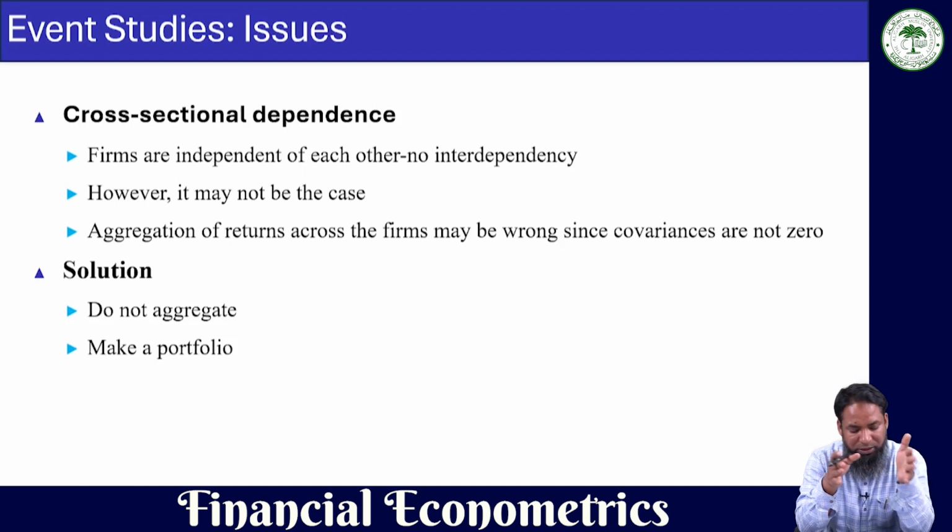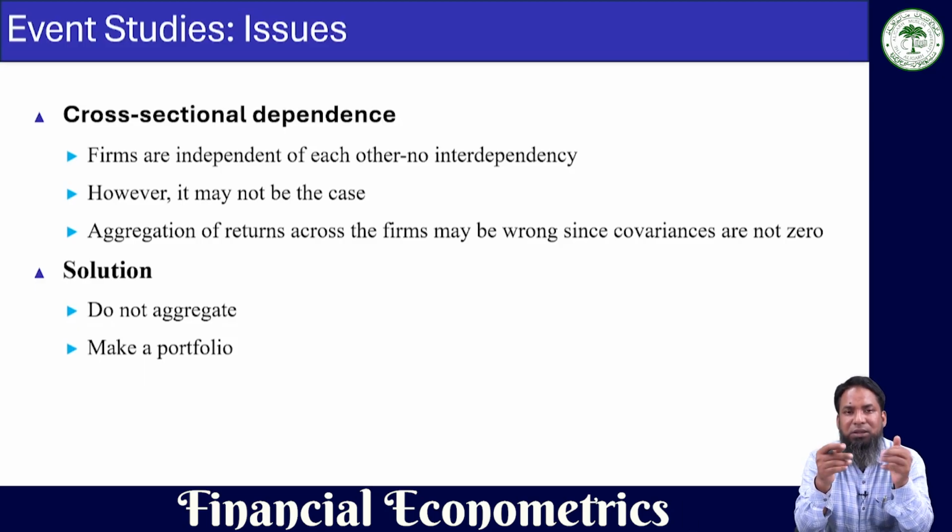There might be interdependency among the assets, among the firms. In that case, the calculation of the returns would be misleading. Why? Because we have assumed that covariance is 0. However, covariance is not 0 when there is interdependency.